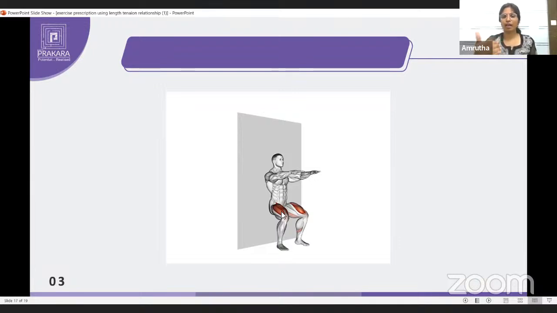But if I ask the patient to go deeper, to reduce this height even more, then quadriceps is increasing its length, whereas hamstrings is reducing its length. So again, if length is increasing, first tension decreases. If length is decreasing, first tension increases, but again it decreases.